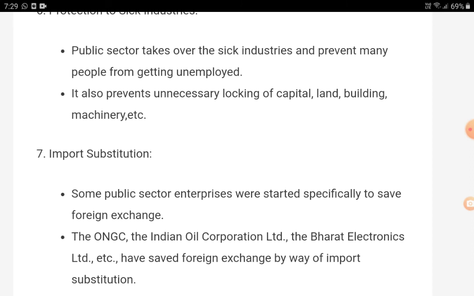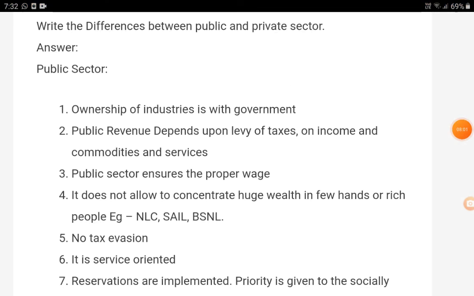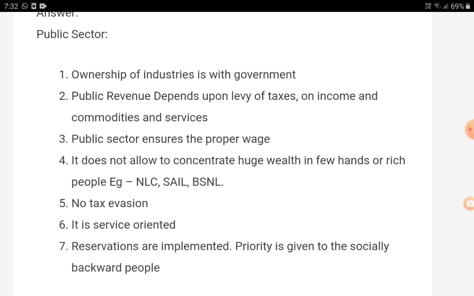Next question. Write the differences between public and private sector. Differences between public and private sector. First, public sector. Ownership of industries is with the government. Public revenue depends upon levy of taxes on income, commodities and services.